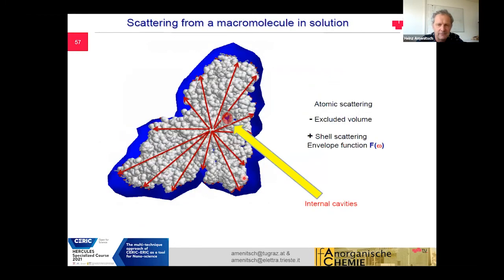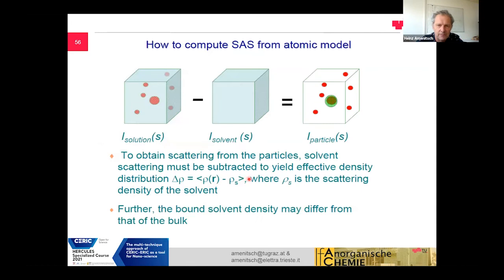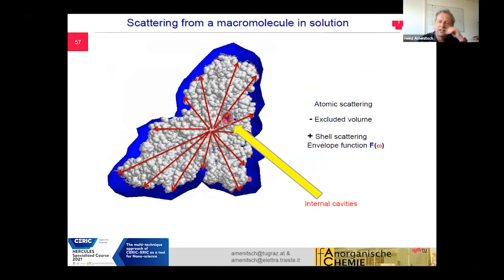Something also very easy is shown here. If you have crystallographic data available for your protein, a very easy experiment is to take the purified protein in solution, and then you can use the data from the PDB to calculate the scattering from the structure data.